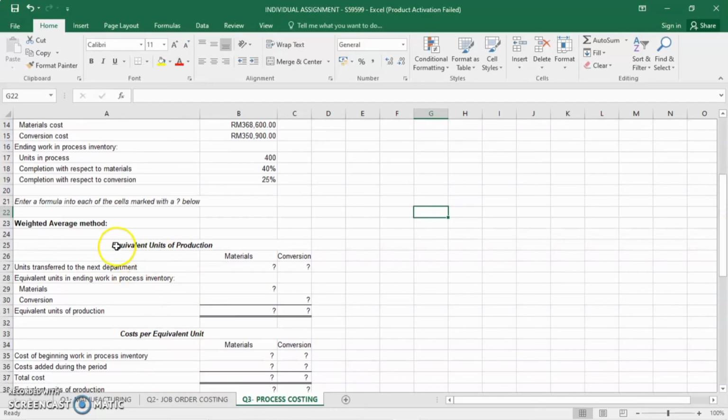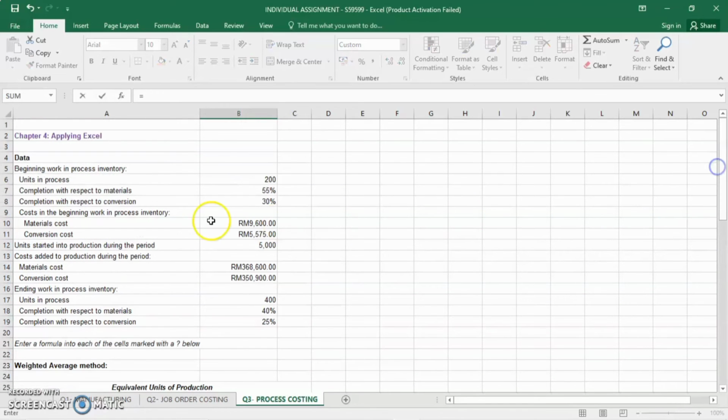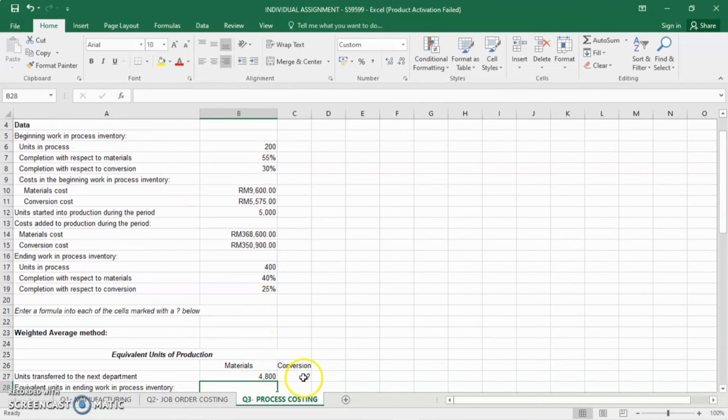Okay, we proceed to question 3, process costing using weighted average method. First, calculate equivalent units of production. To find units transferred, units beginning work in process plus units started minus units ending work in process and get 4,800.